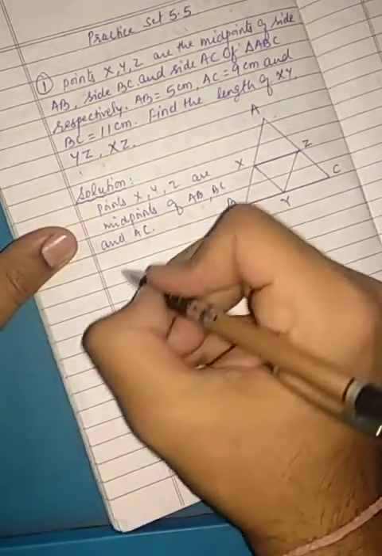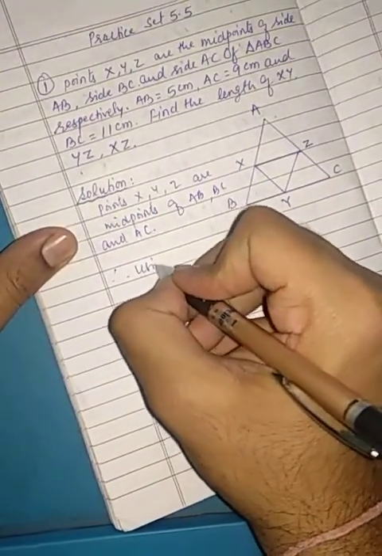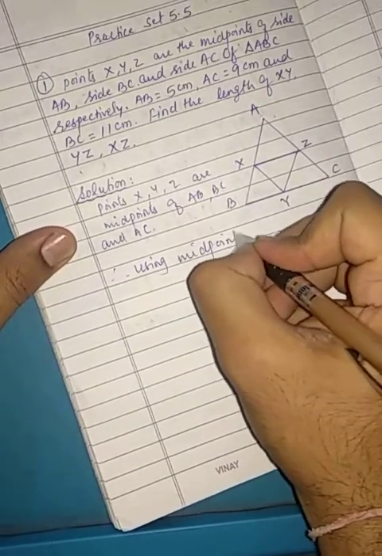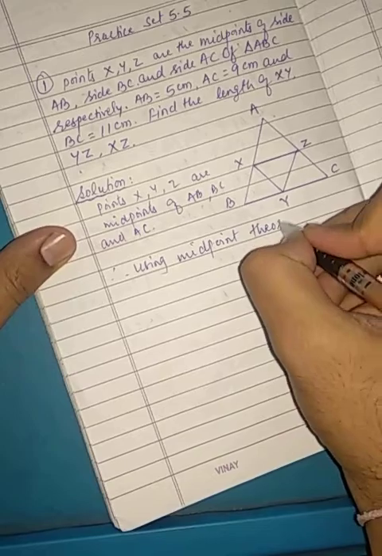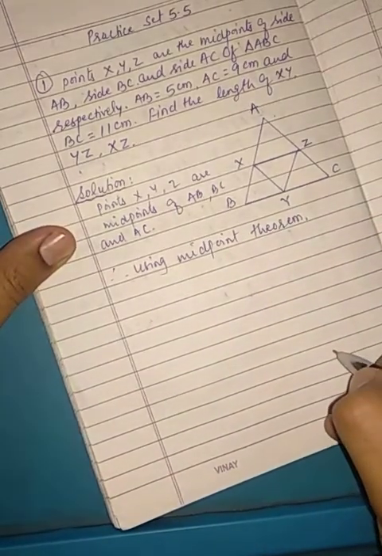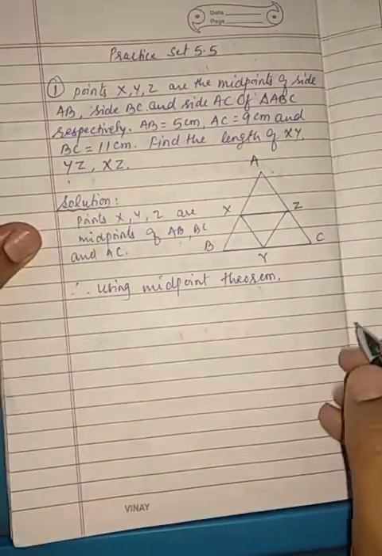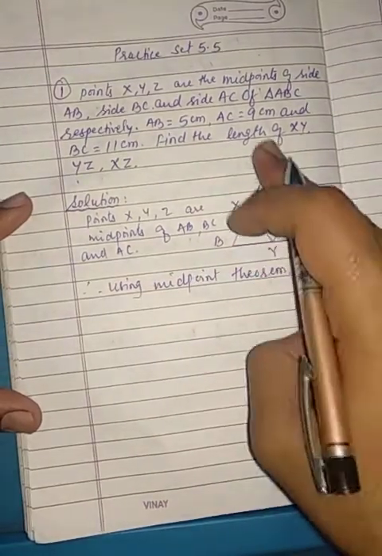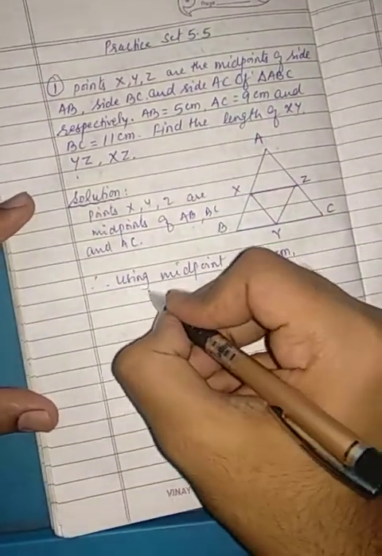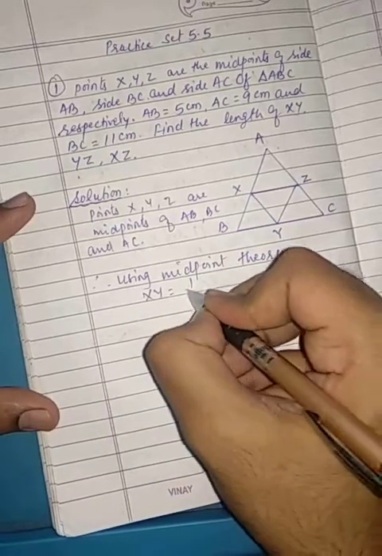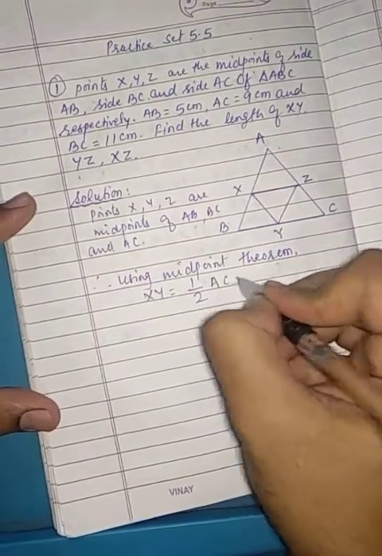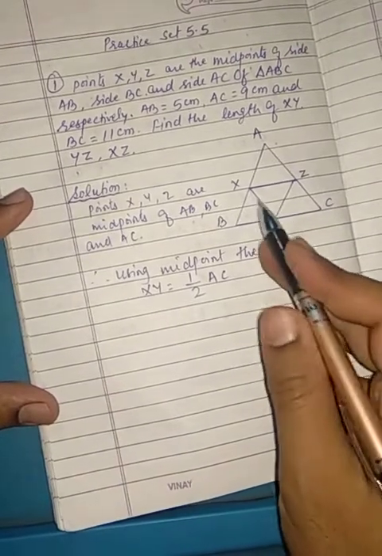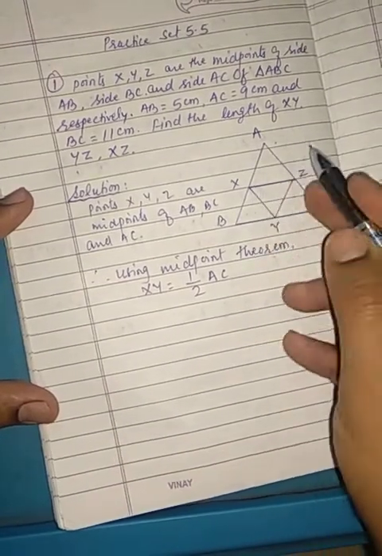Okay, therefore, using midpoint theorem, we can write here XY is equal to half of AC, because the segment joining midpoints of any two sides is half of the third side.